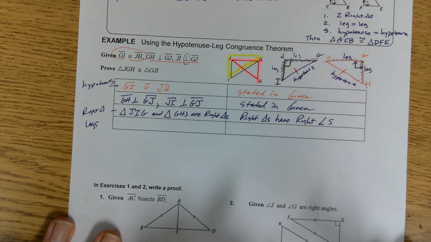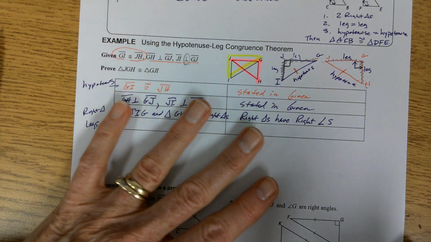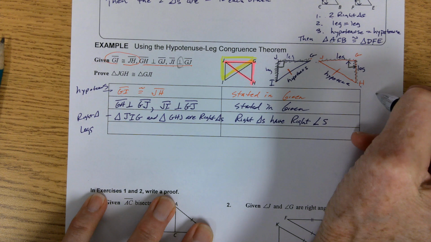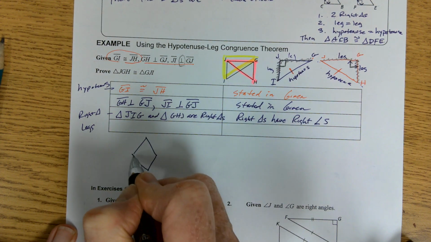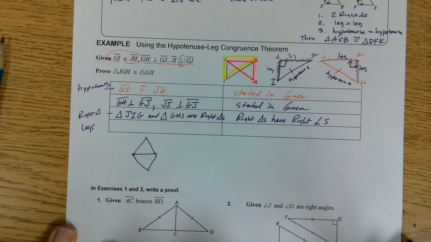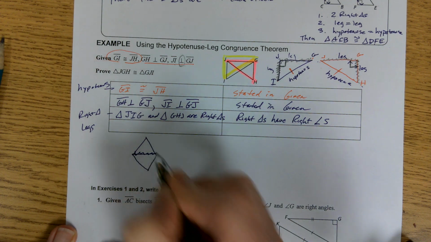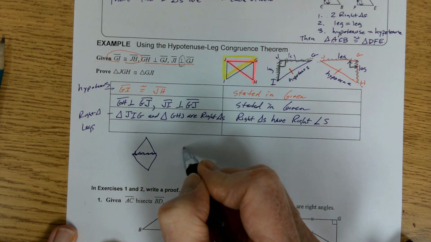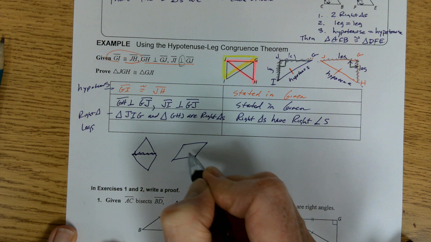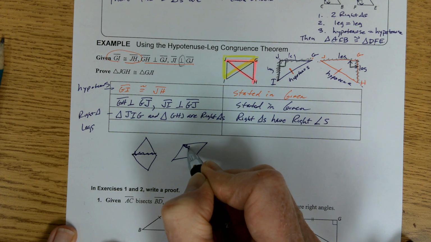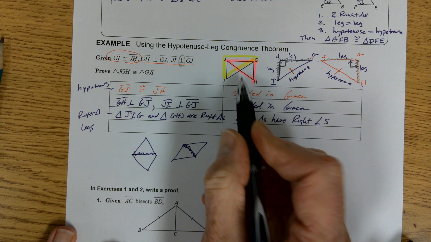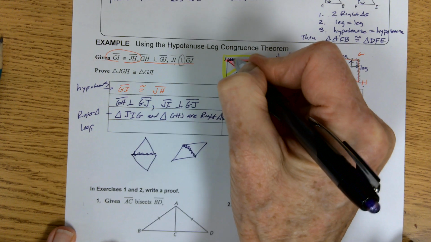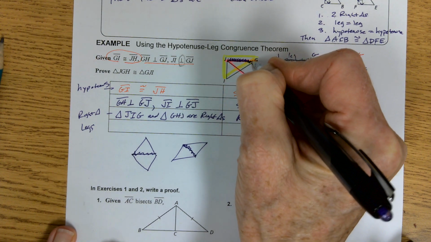I think this is kind of hard for a lot of us. This is a shared side. Most of what we've done before, when we shared a side, it looked like that. And this was the side shared. It may have looked like this, where this was the side shared. Okay? This one's harder. I am sharing this side right here.